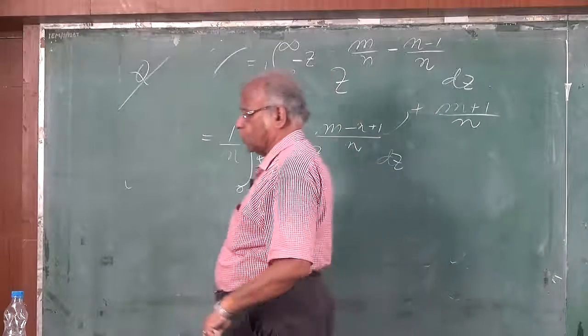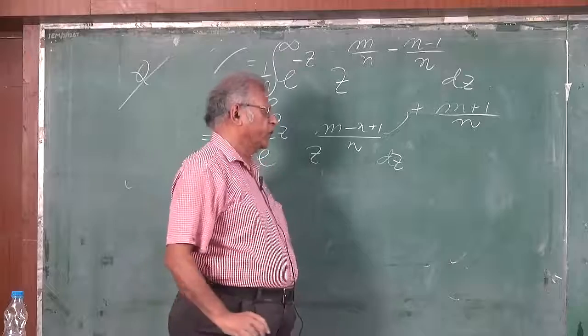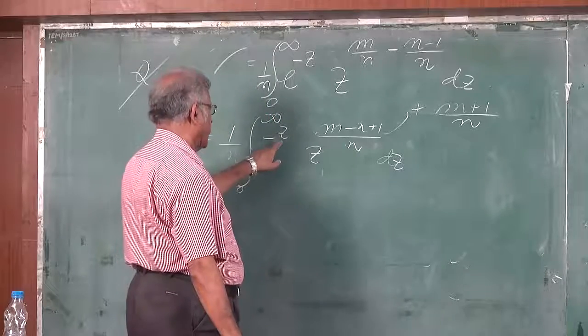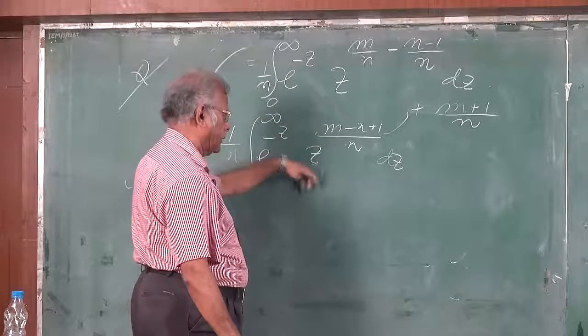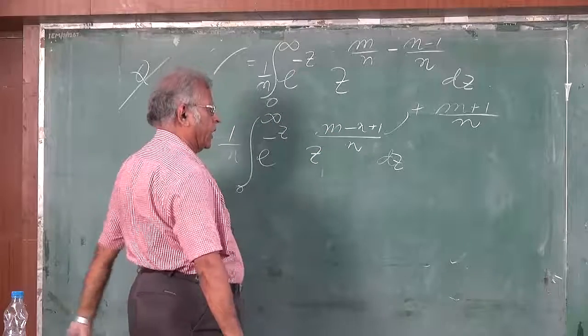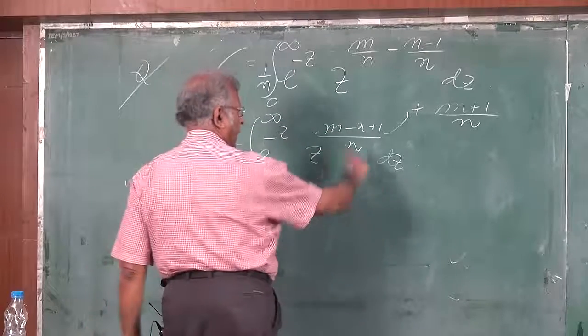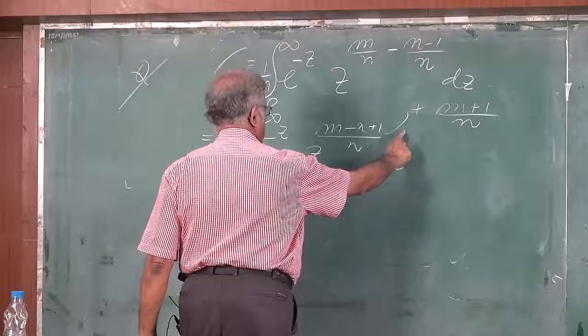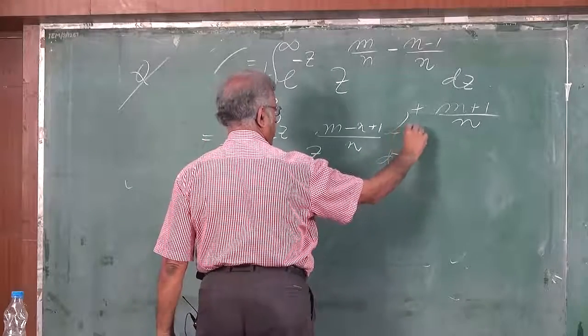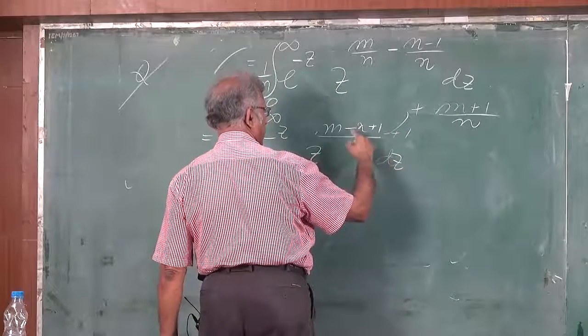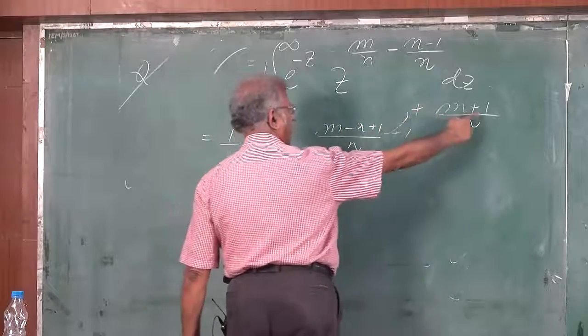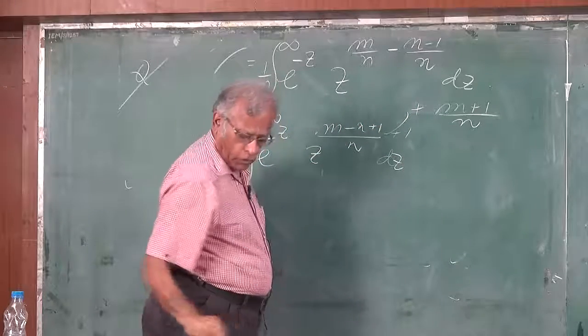I hope this is understood. When we have e to the power of minus z into z to the power of p, it is gamma of p plus 1. So we've added 1 to this. If I add 1, then there is a n which annihilates this, and there is m plus 1 over n.